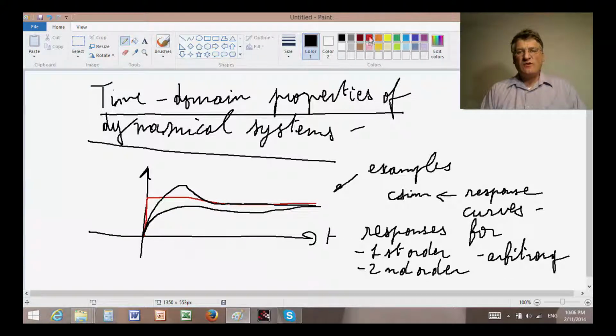Often we will see that we can think of even arbitrary systems as first and second order systems. However, for now, we will say that they are very different, even though engineering insight will eventually lead us to studying mostly these kind of responses.